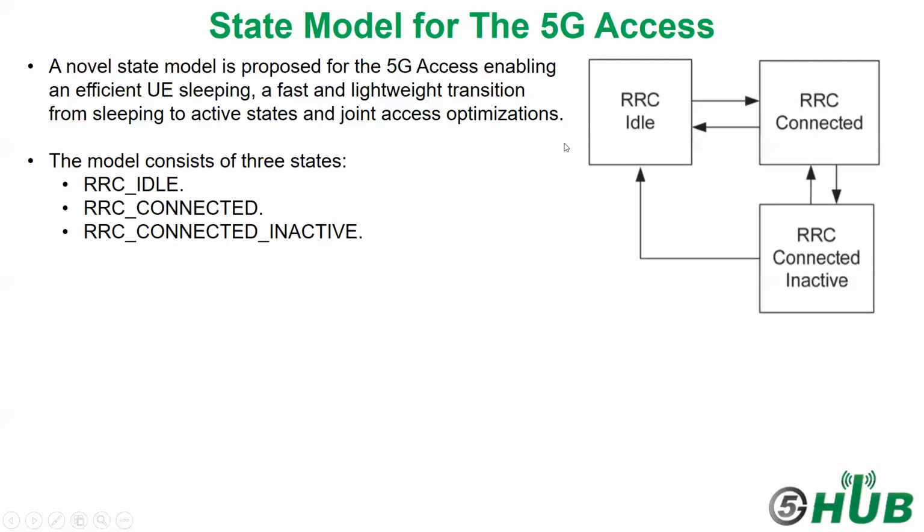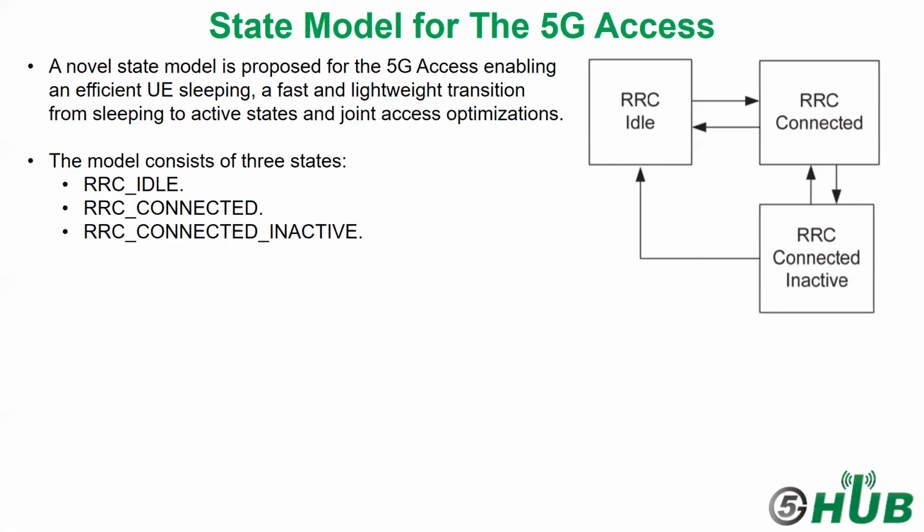So most of the solutions proposed a state model with 3 states: the traditional RRC idle and RRC connected states, and a new RAN controlled state. It's called RRC connected inactive.